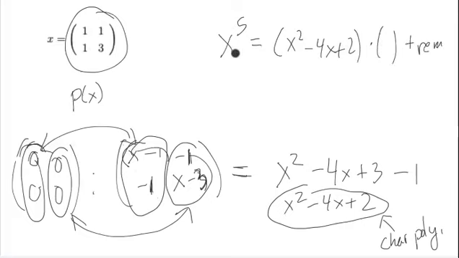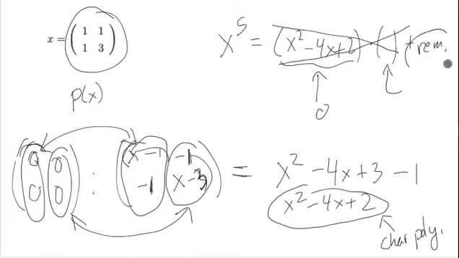So if you divide this into that, you get some quotient multiplied by this plus the remainder. Now, if this is 0, then this whole part is knocked out, and all you're left with is the remainder. In other words, x to the 5th is actually equal to the remainder in this polynomial division process, if we're thinking about x as being a matrix.